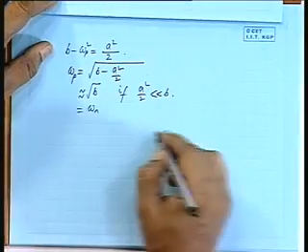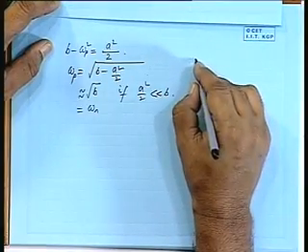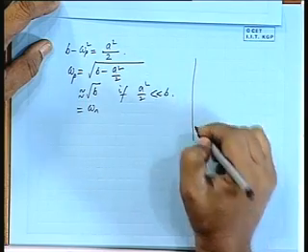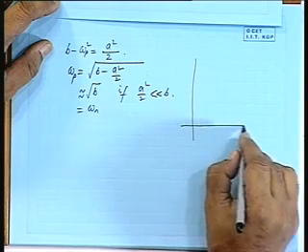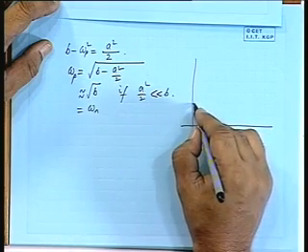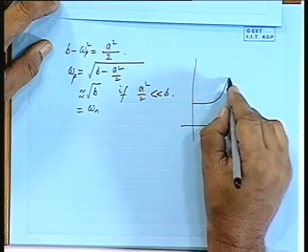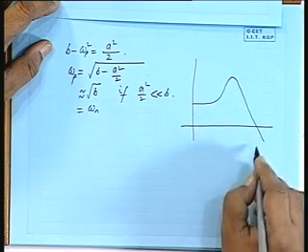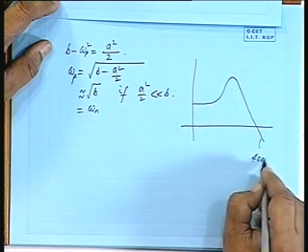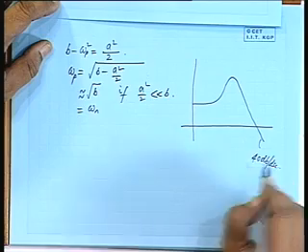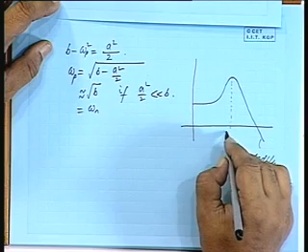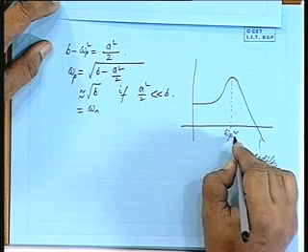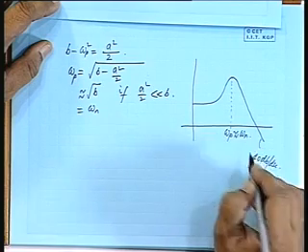So, the plot will be like this, this is 40 dB per decade, and this is omega p, pretty close to omega n.